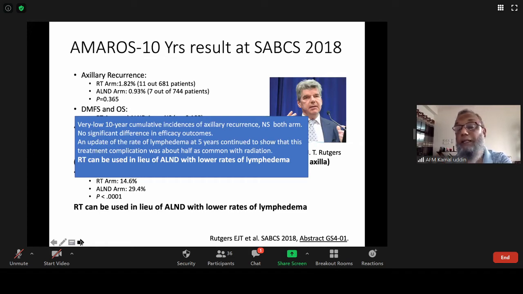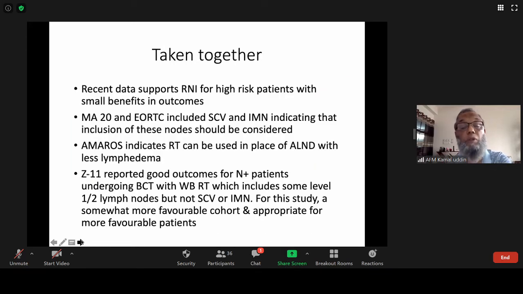So AMAROS is a landmark trial which gives us a clue that with sentinel lymph node biopsy, in a group of breast cancer patients, we can avoid extensive axillary lymph node dissection so that the patient will be saved from the risk of lymphedema. So taken together, recent data supports RNI for high-risk patients with small benefit in outcomes.